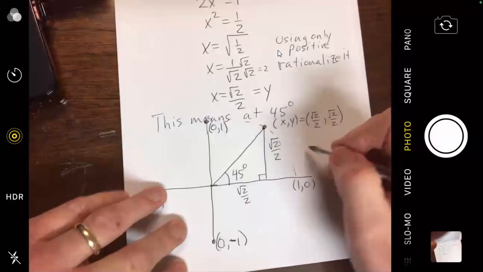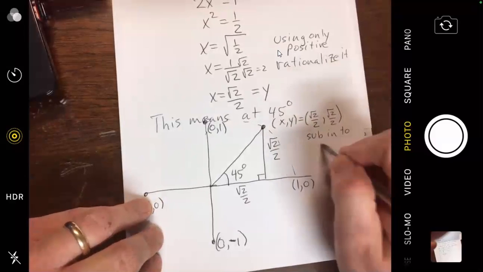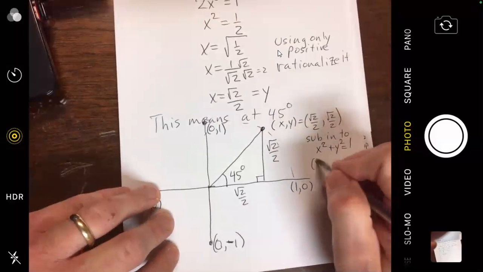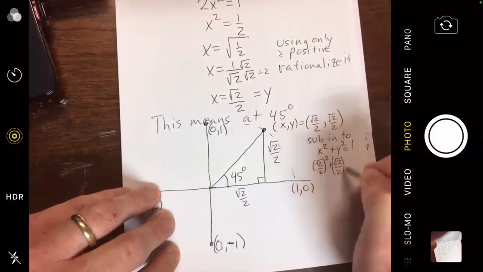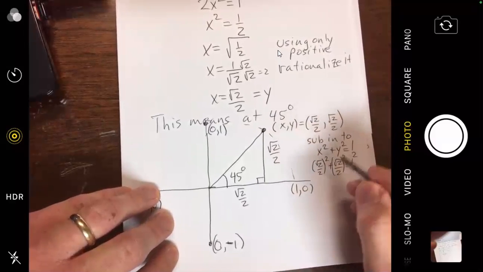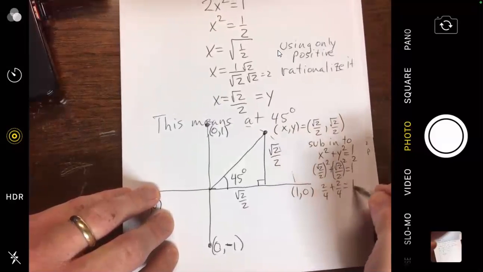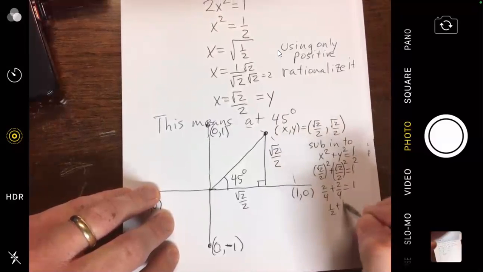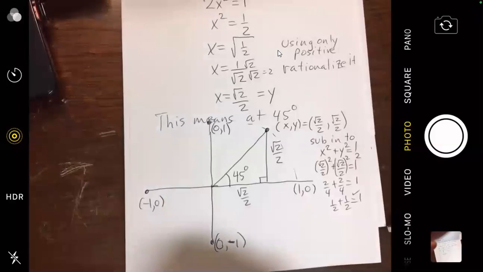If you want to check it, sub into x squared plus y squared equals 1. Root 2 over 2 squared, add root 2 over 2 squared, equals 1 squared. You would get 2 fourths plus 2 fourths equals 1. You can go 1/2 plus 1/2 equals 1. 2 fourths is a half in each case, and sure enough, it subs in.